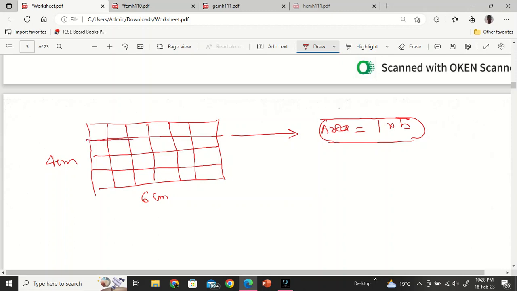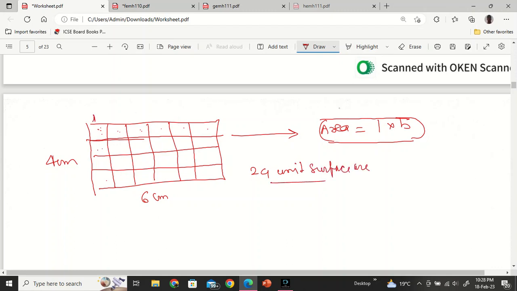So if you want to count the number of small unit surface areas, this is first, second, third, fourth, fifth and sixth. So we have 4 rows also. 6 plus 6 plus 6 plus 6. So in total we have 24 unit surface areas.